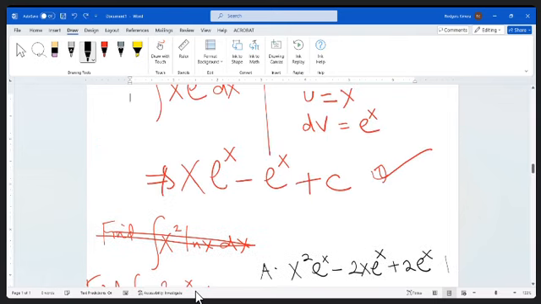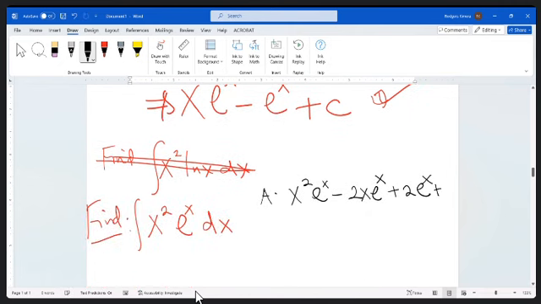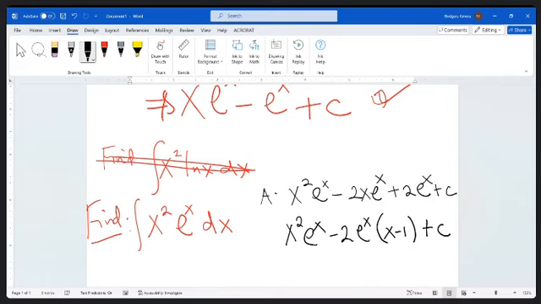Which can be simplified as x squared e power x minus 2e power x into x minus 1, plus a constant of integration. Correct? Yeah, I don't know. That is the simple part, like when you factorize out.